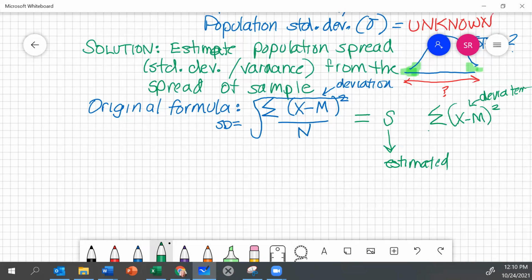This is the big difference: we're going to divide by n minus 1, which you know from your previous work is the same as degrees of freedom. And so in order to estimate the standard deviation for a population, we need to adjust our formula in this one simple way.